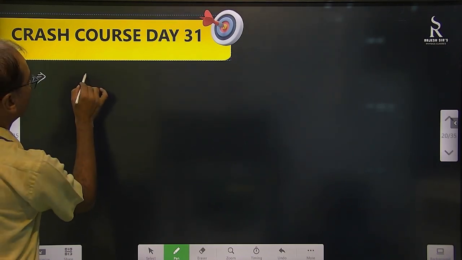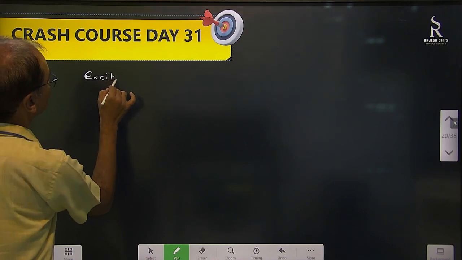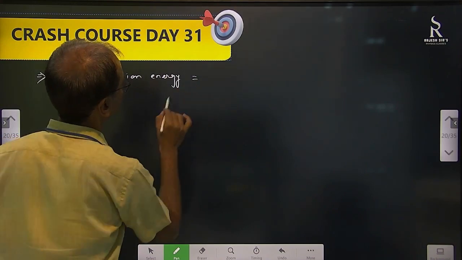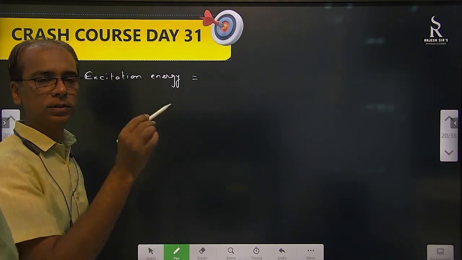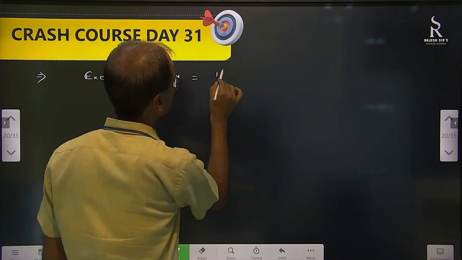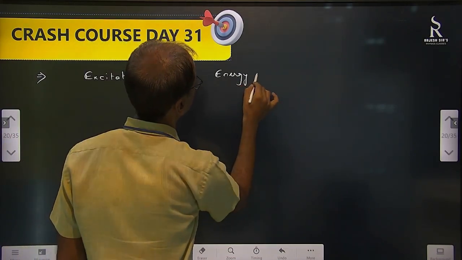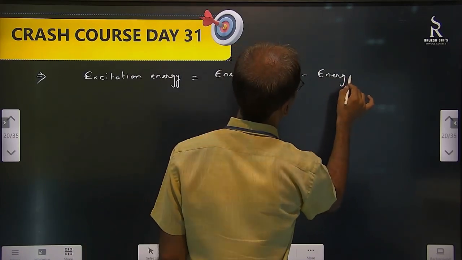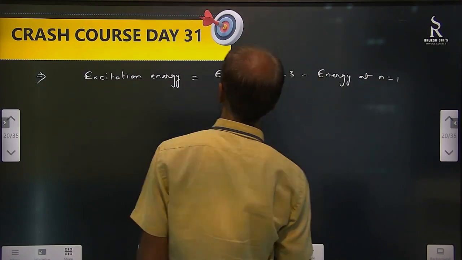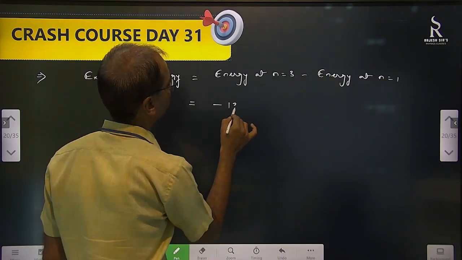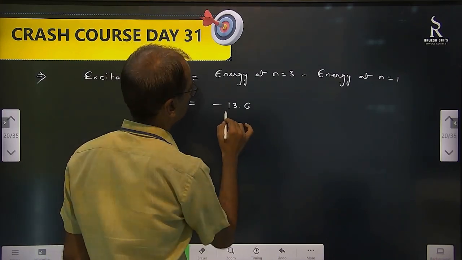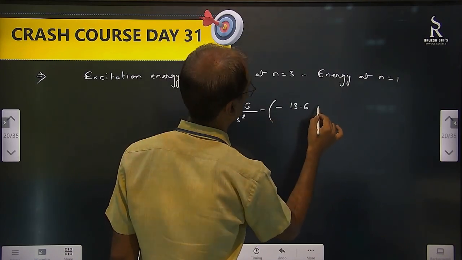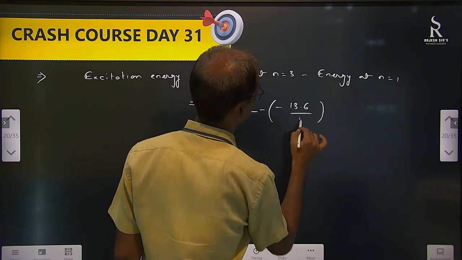So suppose excitation energy is there. Excitation energy means it has to absorb the photon, then only it is going to excite. So energy at n equal to 3 minus energy at n equal to 1. For hydrogen only we are talking now. So minus 13.6 by 3 square minus 13.6 by 1 square.